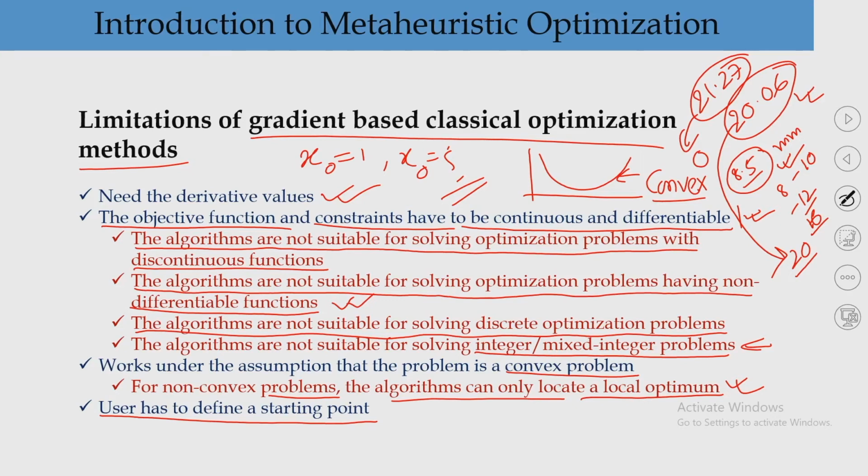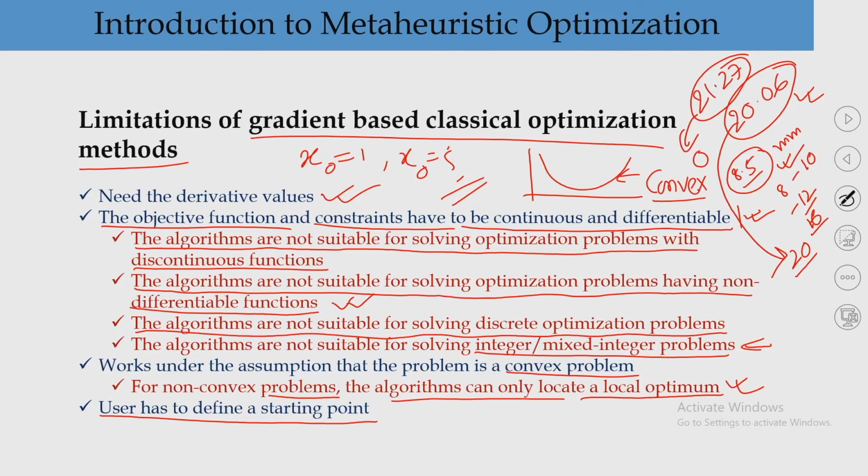If luckily the starting point you have given is near the global optimal solution, or in the region where the global optimum is, then you will get the global optimal solution of the problem.